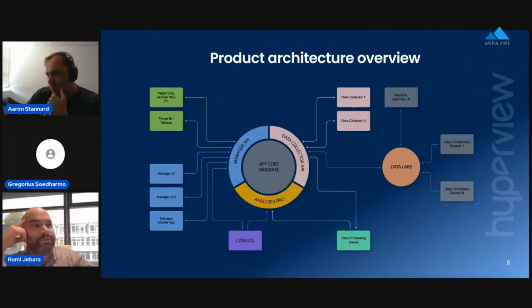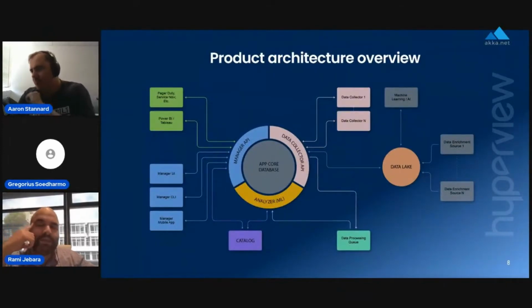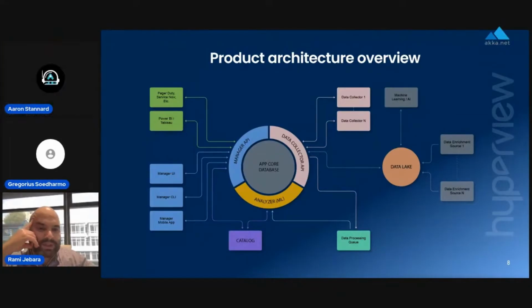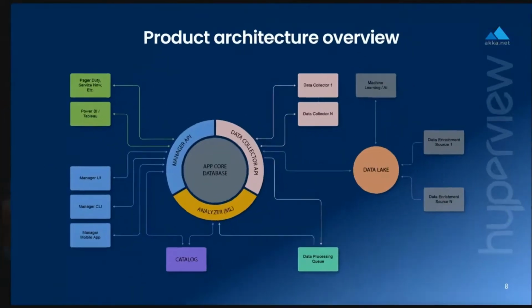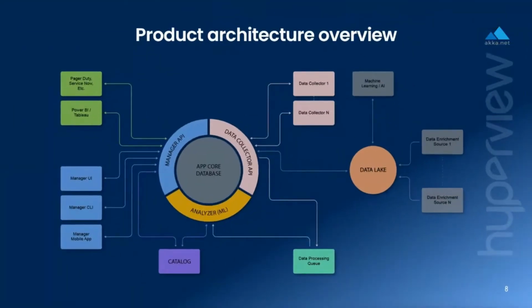So Hyperview, this is our reference infrastructure or our reference architecture design for the platform. And Hyperview is a set of microservices running in Kubernetes. We designed the system to be scaled independently depending on functions.